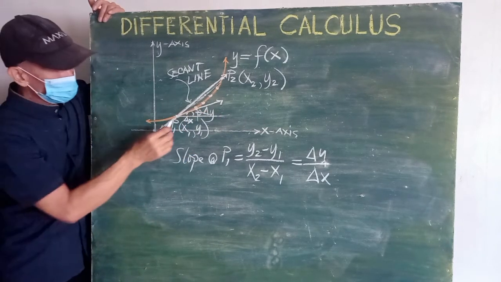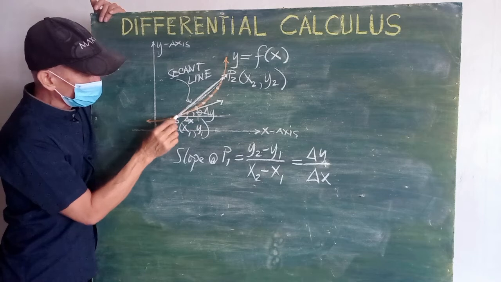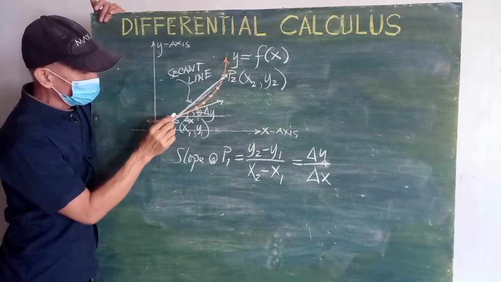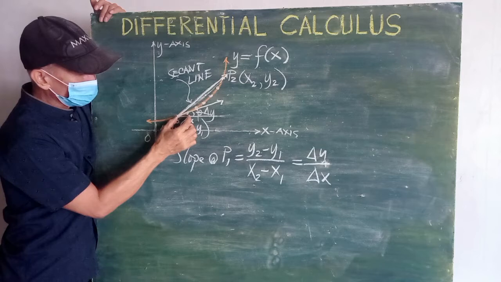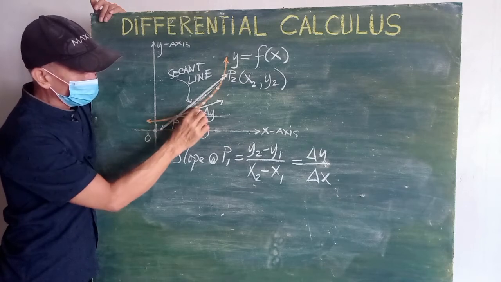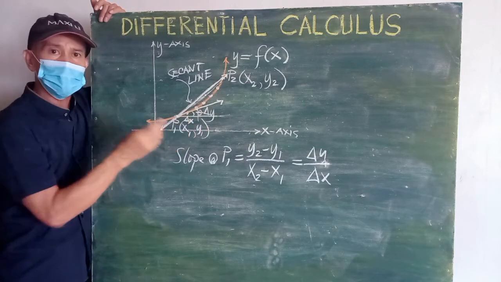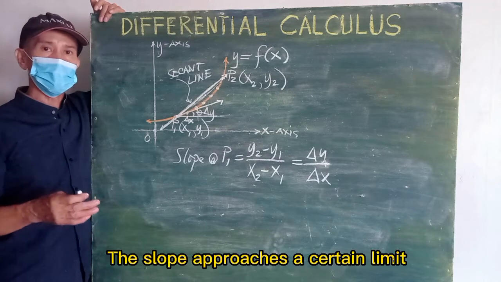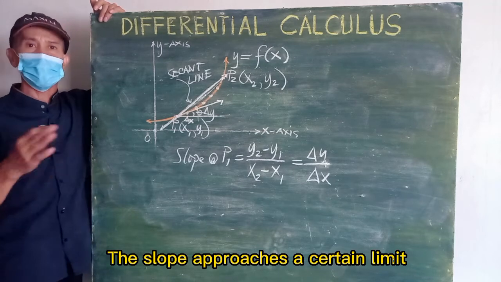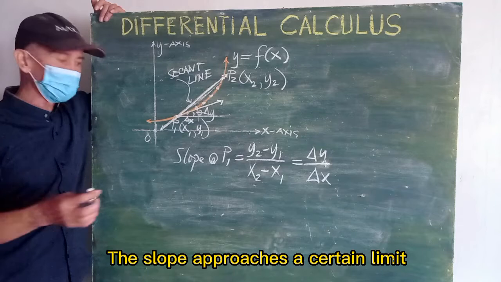Okay, as this point comes nearer to point P1, the value of delta x and delta y approach a certain limiting value, so that the slope also approaches a certain limiting value.